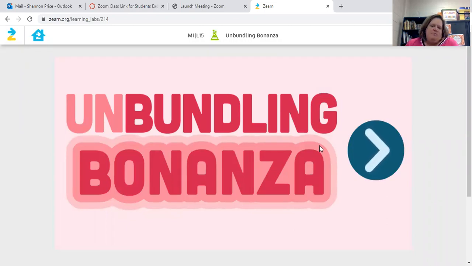So we're going to look at Unbundling Bonanza, and this is found on Zearn, which is a free program online, zearn.org. If your teacher hasn't added you to Zearn, you can definitely set up a free account yourself.